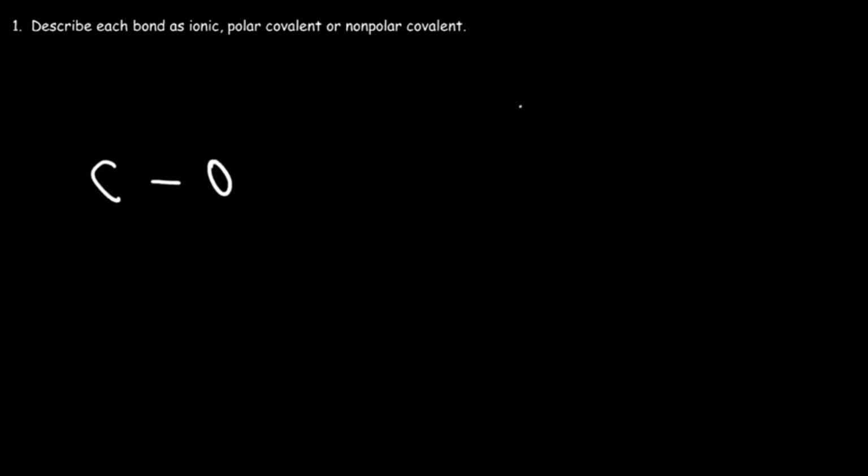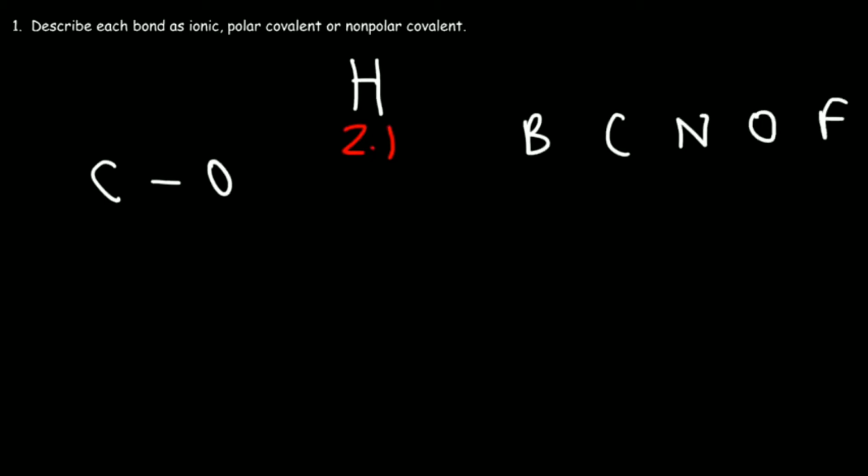So here are some numbers that you want to be familiar with. Hydrogen has an electronegativity value of 2.1. Let me list out the elements: boron, carbon, nitrogen, oxygen, and fluorine. So boron's about 2.0, carbon is 2.5, N is 3.0, O is 3.5, F is 4.0.